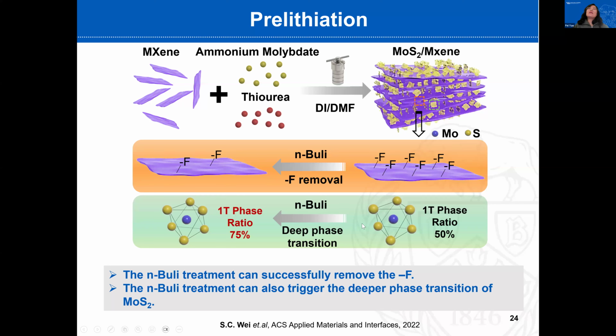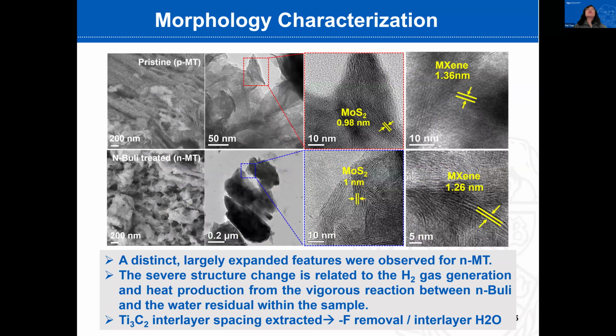On the other hand, lithium ion intercalation will also trigger further phase transformation, and we measured the 1T phase from the treated sample, and it shows around 72% of the 1T phase content, which is much higher than the previous result. For the non-treated pristine MoS2 titanium carbide sample, we denote it as PMT. For the treated one, we denote it as MT.